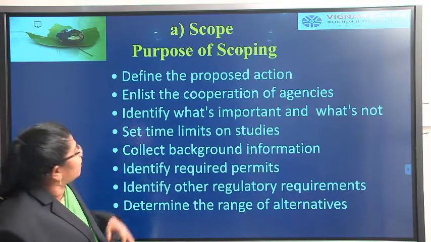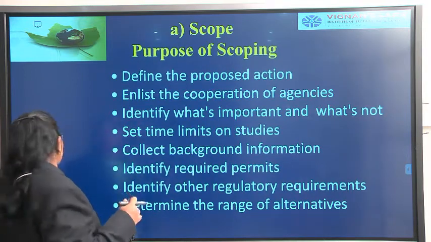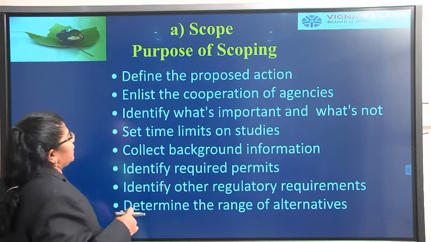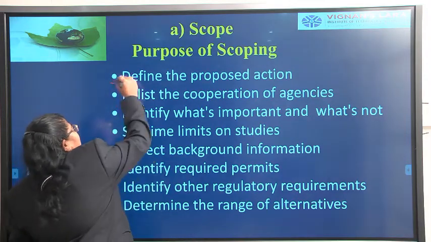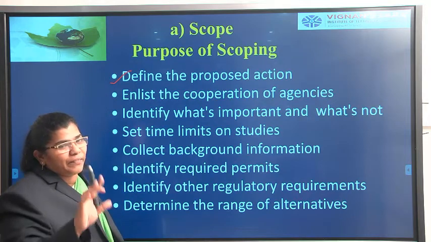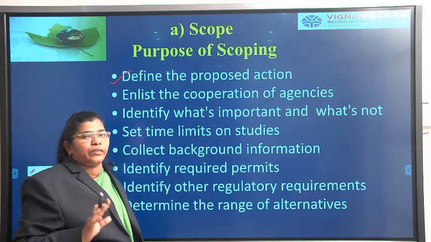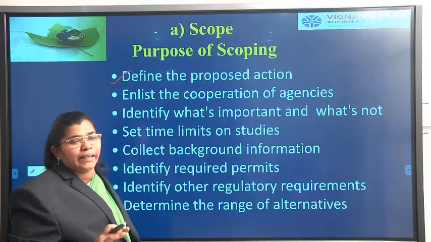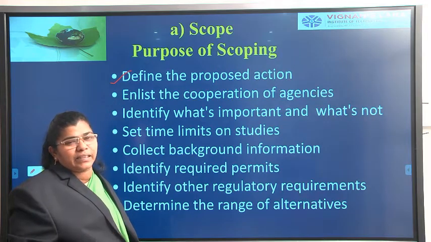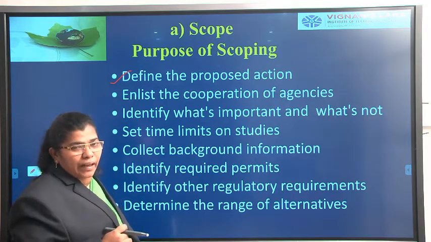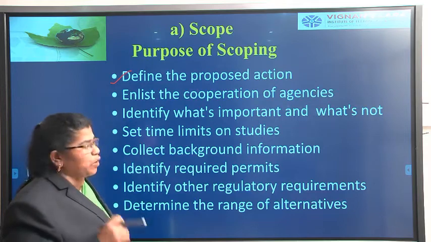So what is the purpose of scoping? The first one is defining the proposed action, right? For example, we will take one industry, a pharmaceutical industry, which I am going to establish. That is a new project, right?